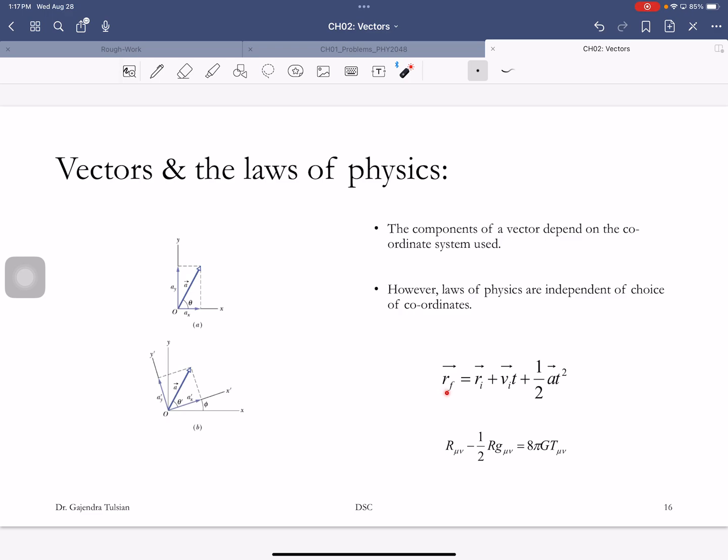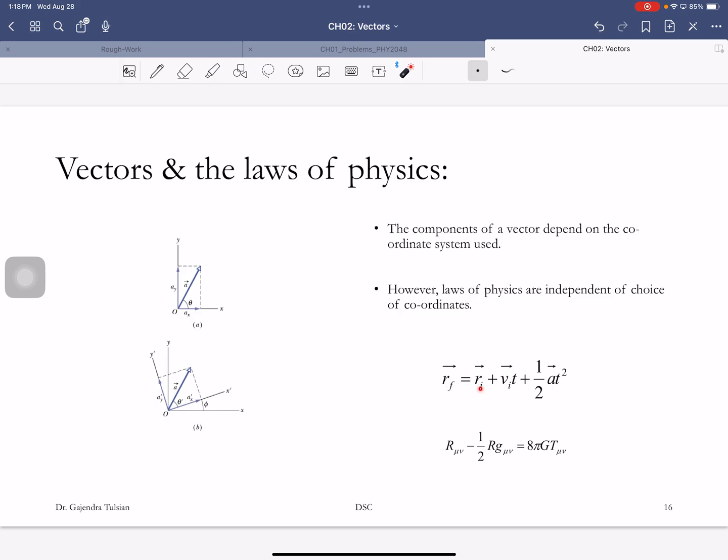So this is a vector. Well, this is a vector. This is a vector, but here's a scalar multiplying a vector. And you learn that a scalar times a vector is a vector. This is a vector. That's a scalar multiplying a vector. Half is a scalar as well. So they're all vectors.